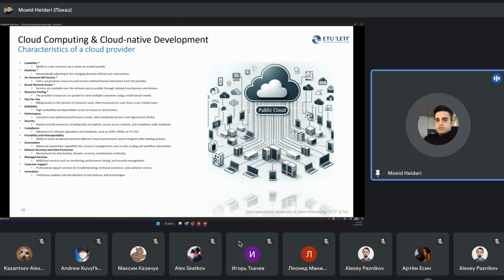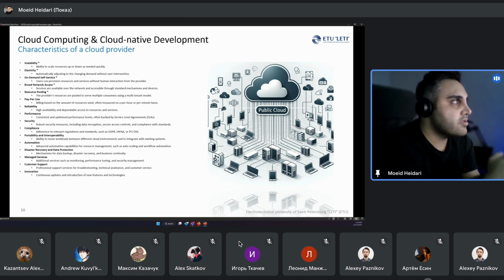High availability contains different factors, and scalability is one of these factors. Because if we don't have scalability, then reliability doesn't have any meaning. If the service doesn't have the possibility to handle all the requests from the end users, then high availability will be completely canceled.